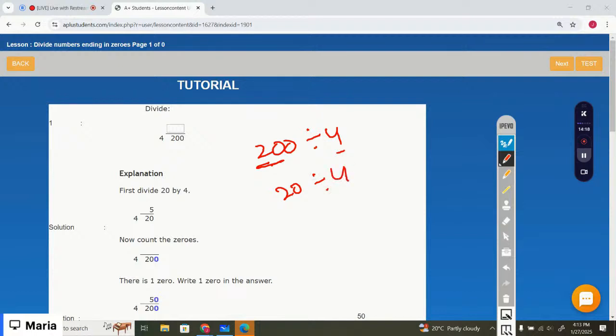We can divide 20 by 4. 4 times what number is 20? 4 times 5 is 20. Then you have to add the 0 that is left. So that is 50. The correct option is 50.